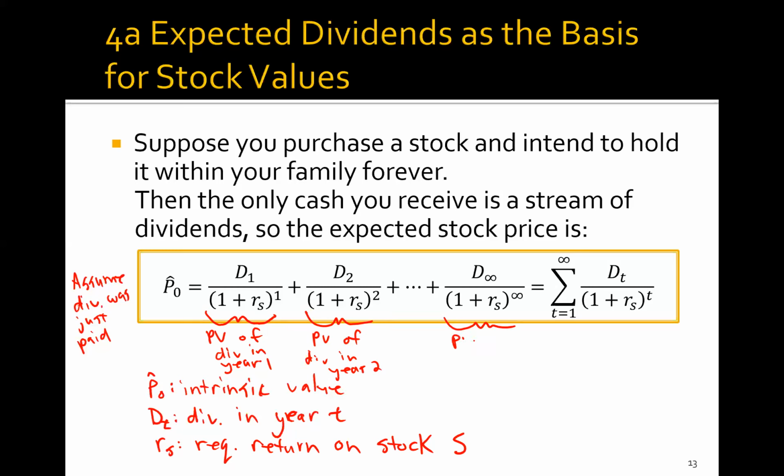This would be the present value of the dividend paid in year infinity, essentially the end of time. You add all those present values together, and since these are dividends per share, you're getting an estimate for the intrinsic value of the share of stock, because ultimately it's those cash flows coming back into your family's pockets. We use the time value of money to get the present value of all those dividends, and that's what the stock should be worth today.